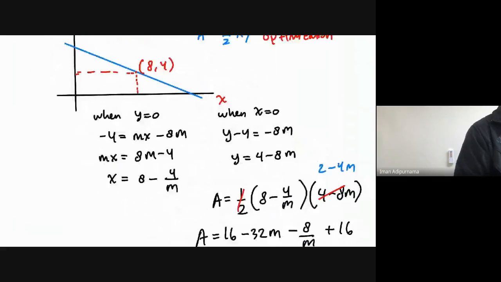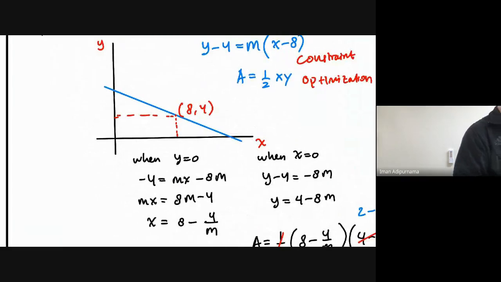But actually, the question is really obvious, okay? Because with 8, 4, you can get the gradient easily, right? 4 over 8 is half, so you can easily get m as negative 4 over 8.